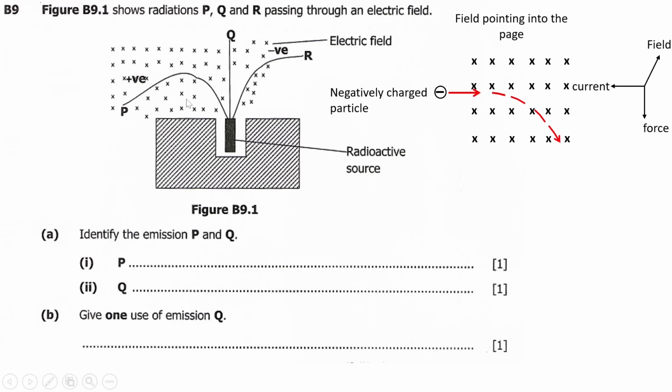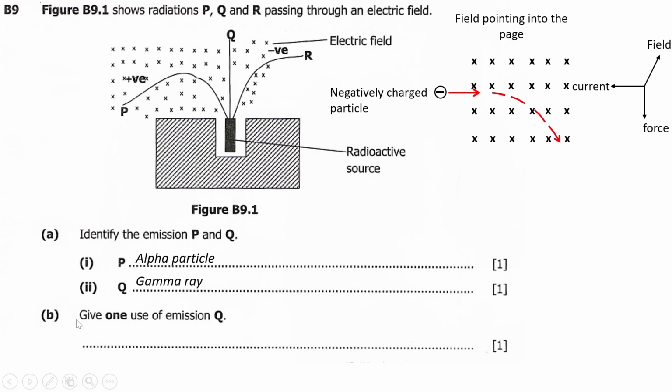There are three emissions: gamma rays, alpha particles, and beta particles. Alpha particles are positively charged, then beta particles are negatively charged. So this one which is positively charged is actually the alpha particle. Then this one which is not affected by the field, it just penetrates straight, it is actually gamma ray.